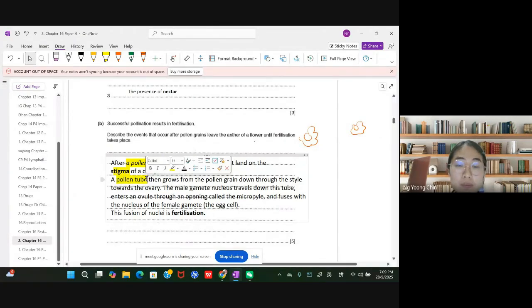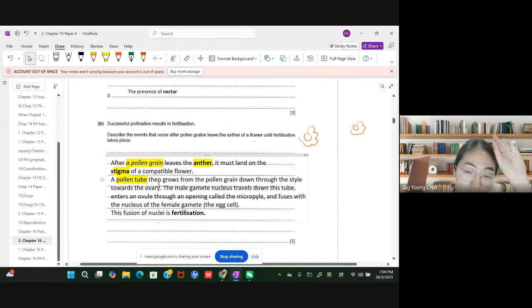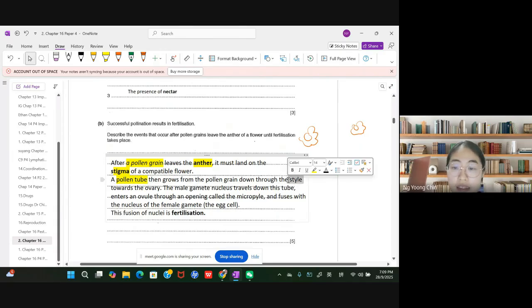The pollen tube will grow from the pollen grains, to a long tube. They will grow downwards, down toward the style, towards the ovary.